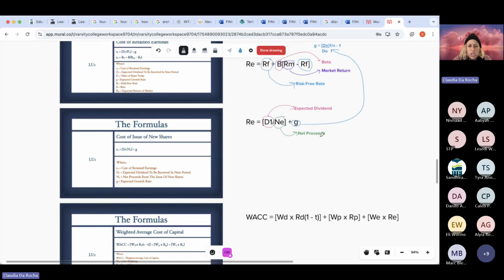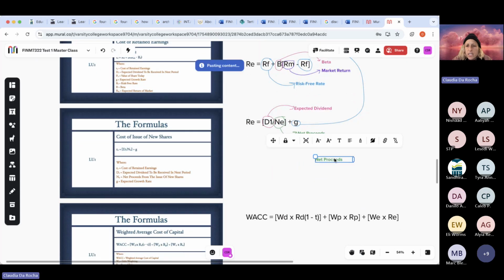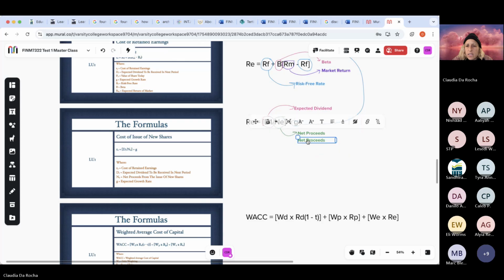Okay, well, let me just write that out again, just easier. Yes, your gross proceeds less your flotation costs. And again, your gross proceeds is the price of your share today, basically.